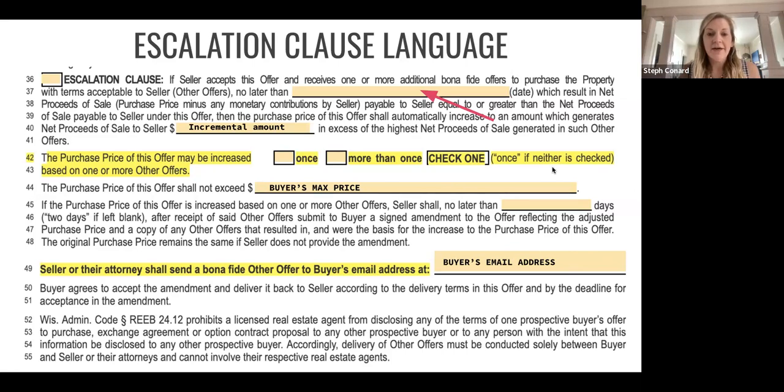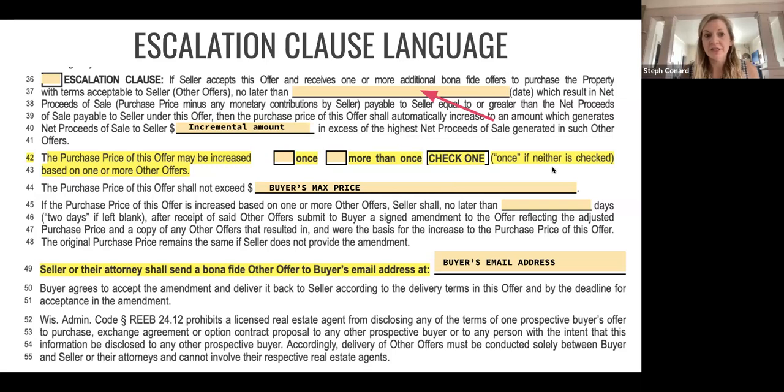That will be a discussion with your buyer on how they want to tailor the offer. But it may be more advantageous for that seller if the escalation clause has the ability to be bumped more than once.